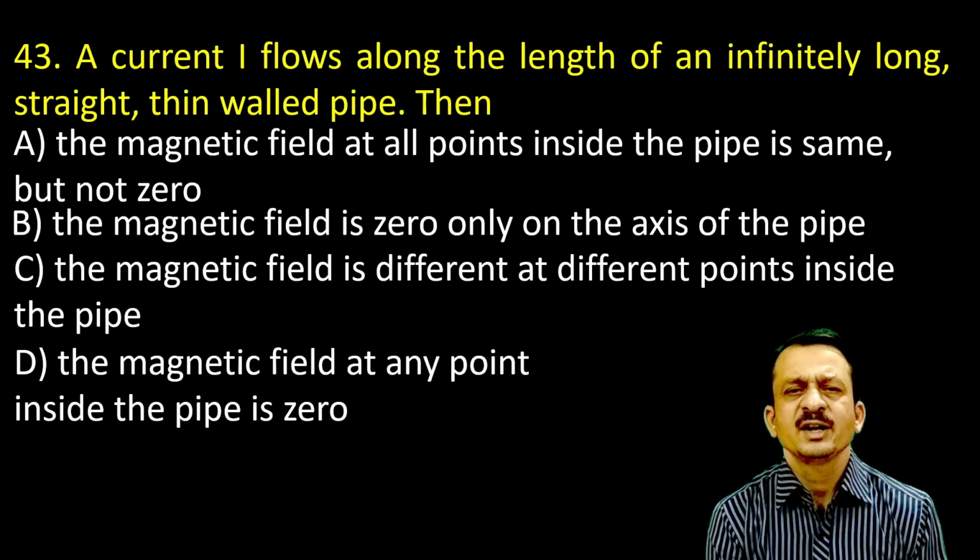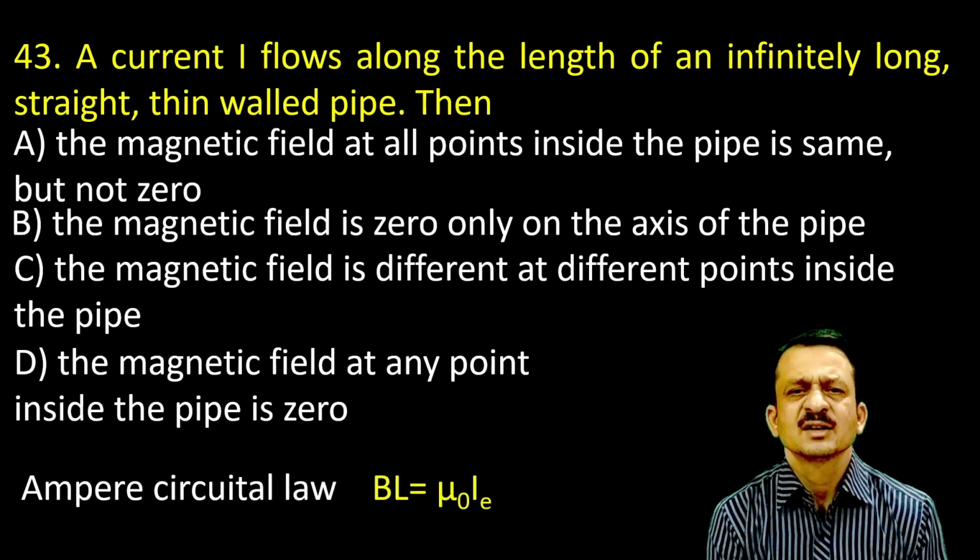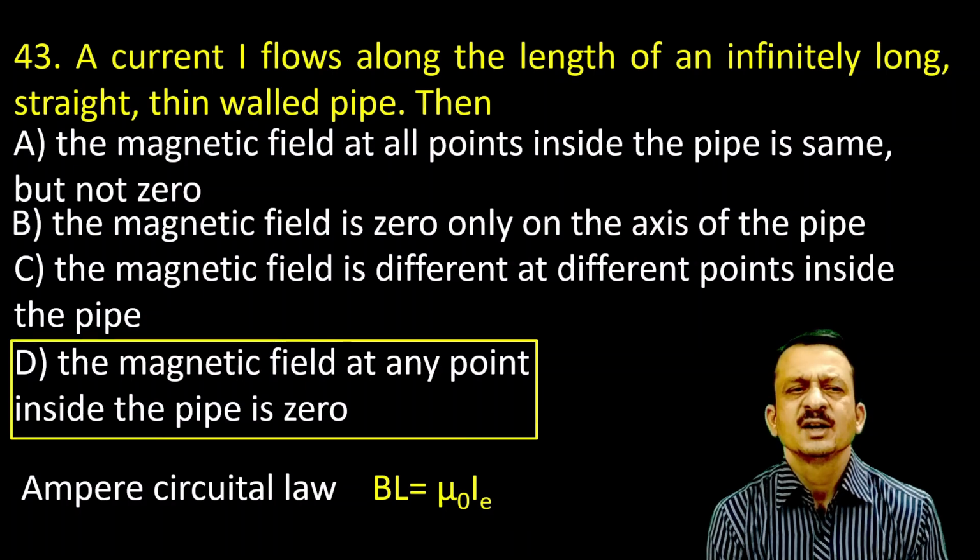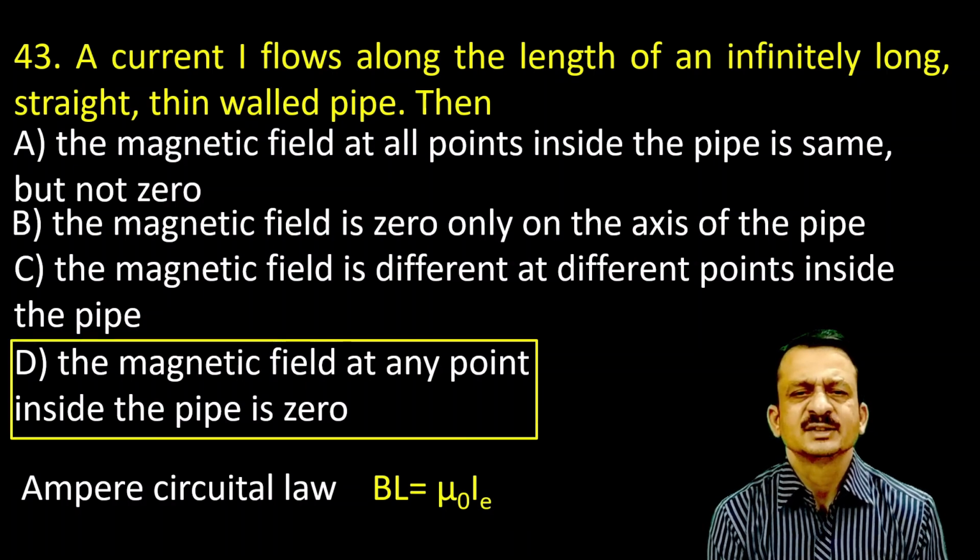Therefore, current enclosed inside the pipe is 0. Obviously, according to Ampere's circuit law, the magnetic field at any point inside the pipe is 0. D should be the right answer. So, Ampere's circuit law, B dot L is equal to mu naught into IE. Since IE is 0 here, we get D is the right answer.